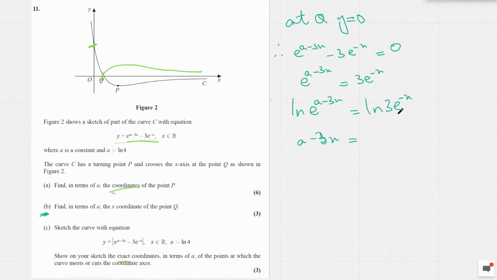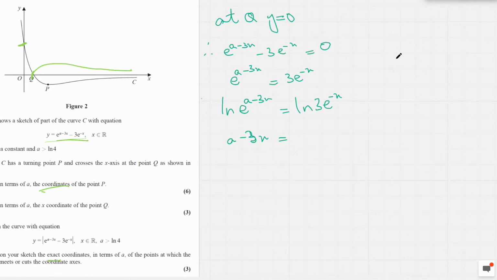For the right side, we know the addition rule of logs: if you have the natural log of a plus the natural log of b, you can write it as the natural log of a times b.